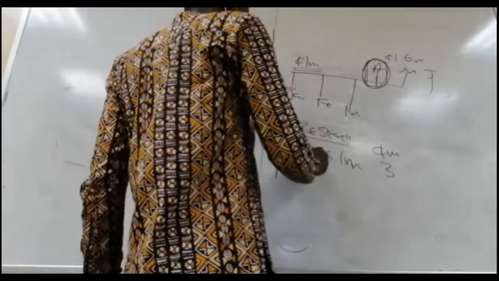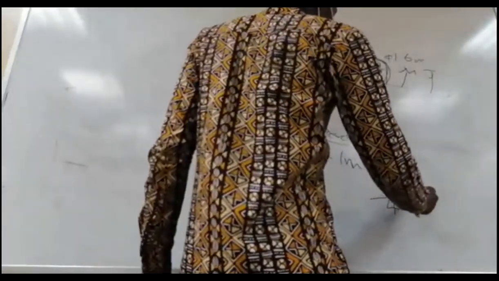Then April on is 1.6 million. So therefore that will be 4.6 million. So the research cost must be 4.6.